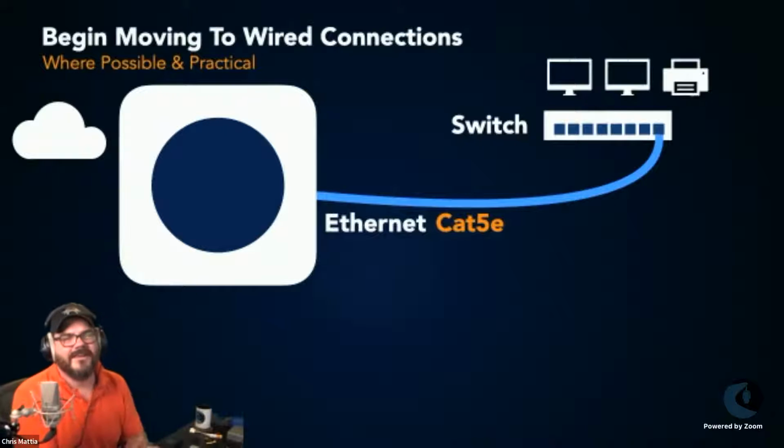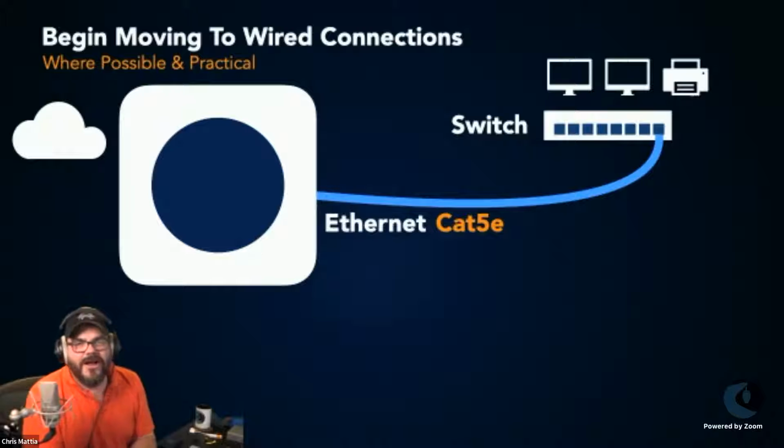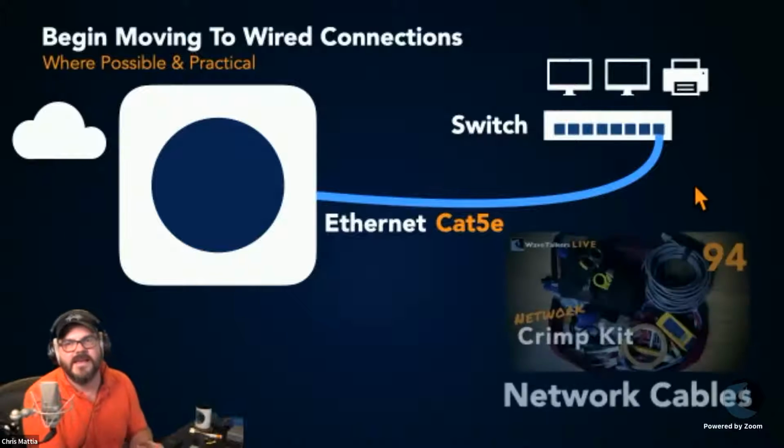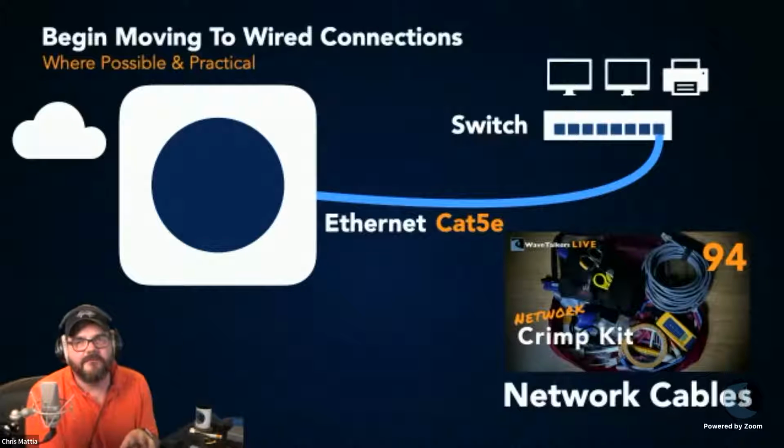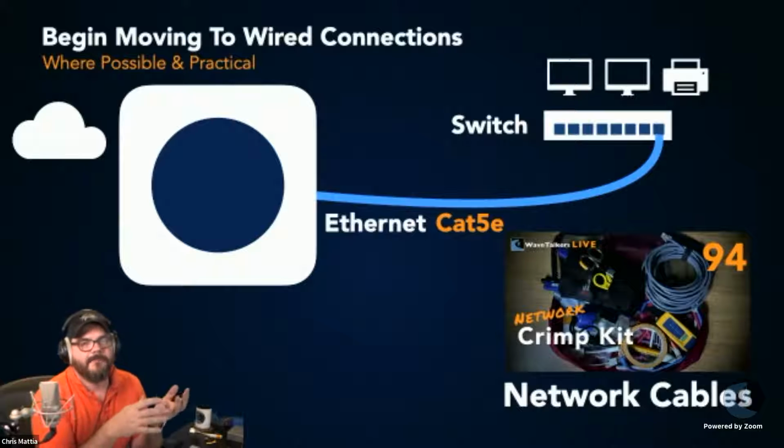Now, what kind of Ethernet cable do you need? Well, a Cat 5e cable is all you really need. It's the cheaper ones that you can find out there. You can buy bulk Cat 5e cable for pennies on the dollar these days to make up your own cables. As a matter of fact, in episode number 94, we did an entire episode about what you need in your crimp kit to make your own Ethernet cables, and we walk through the process step by step.